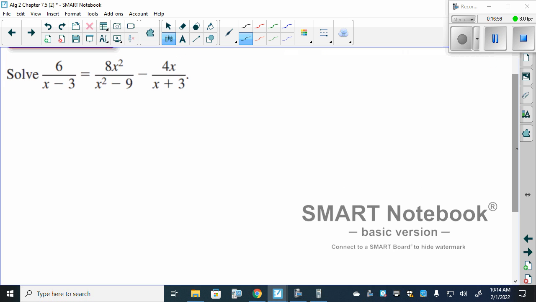Now with this one here, we do have the x minus 3. In the middle we have x squared minus 9. And the last one we have x plus 3. Now I would not advise multiplying all of these by x minus 3, x plus 3, and x squared minus 9. Because let's go on and factor x squared minus 9.